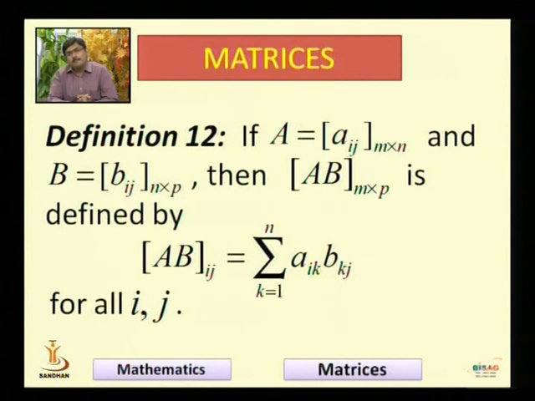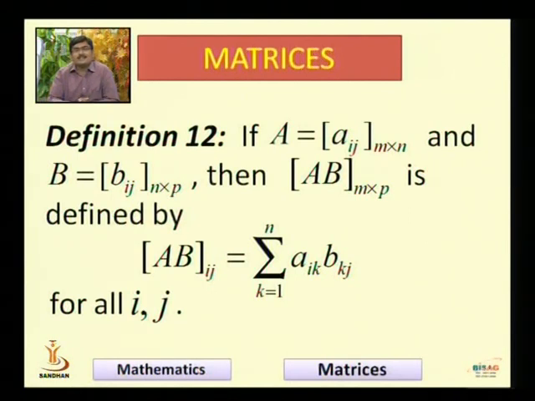Now, there are many vector spaces of this kind because you can change m and n. So, you take the set of all 2 by 3 matrices, it is a vector space. You take the set of all 3 by 2 matrices, it is a vector space. You take the set of all 2 by 2 matrices, that is square matrices, it is a vector space. So, there is a plethora of examples which come from this theorem.